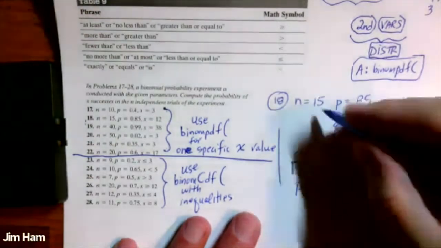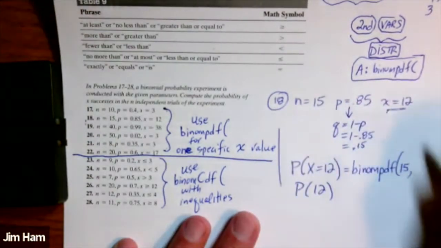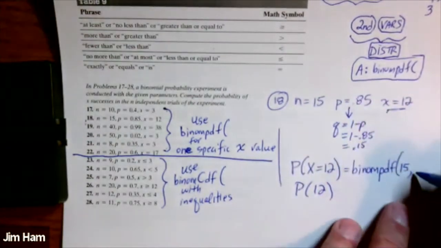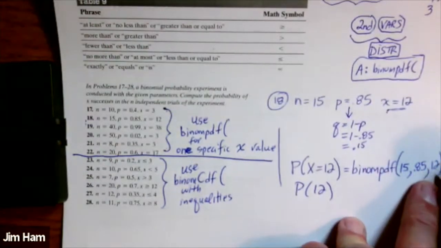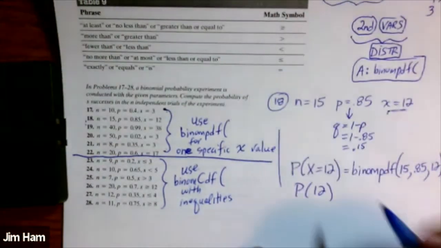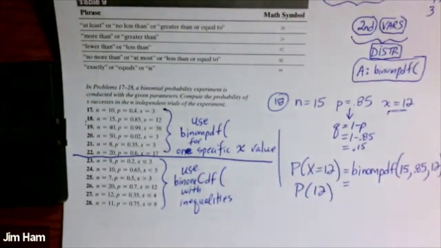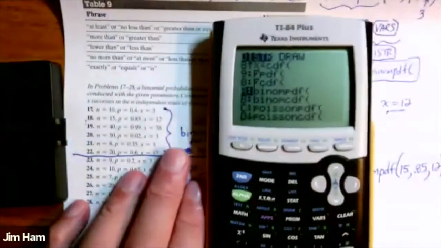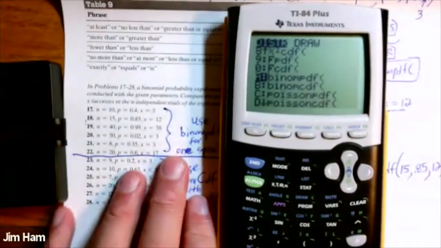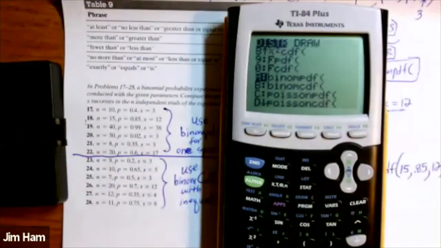We have to enter the n first, and then the p, and then the x value. And remember, these are probabilities, so they have to be numbers between 0 and 1.